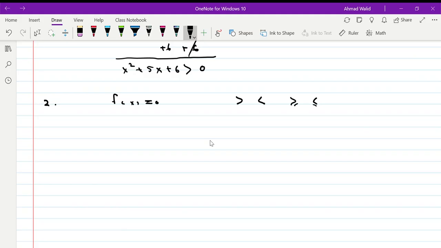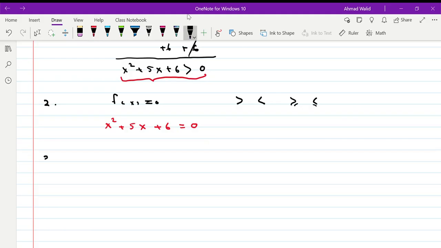It means if I talk about this example, x squared plus 5x plus 6 greater than 0, in step 2, I will rewrite this as x squared plus 5x plus 6 equals 0. That's my step 2. I'll change the inequality sign to the equal sign.